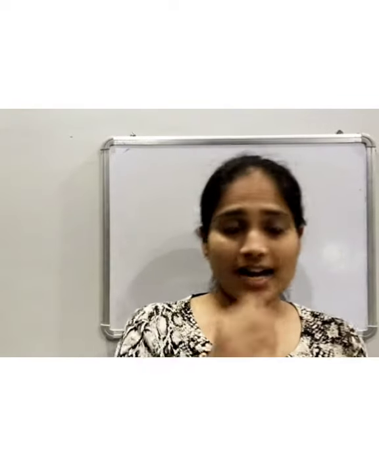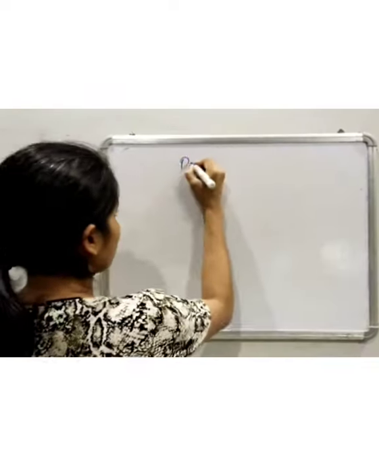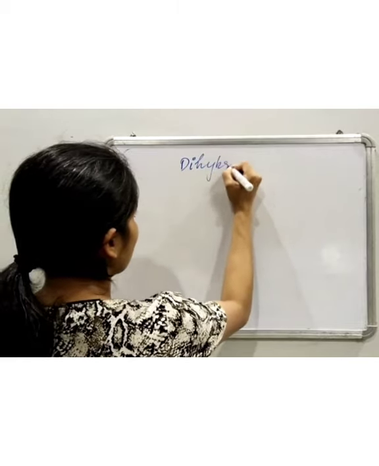So we are discussing the Mendelian basis of inheritance, the theory which Mendel proposed, and we've discussed the monohybrid cross. Today we'll talk about the dihybrid cross. So what is dihybrid? Di means two, and hybrid.